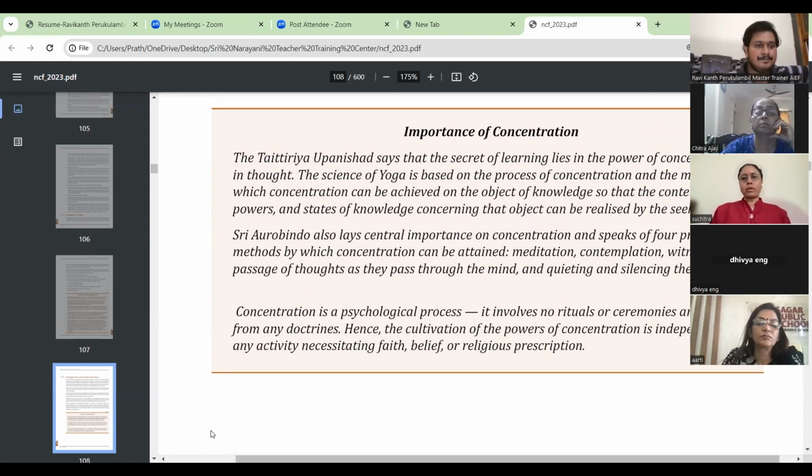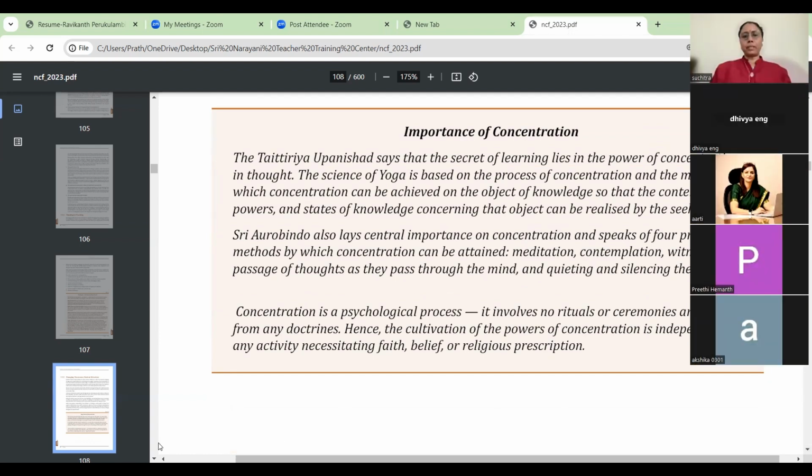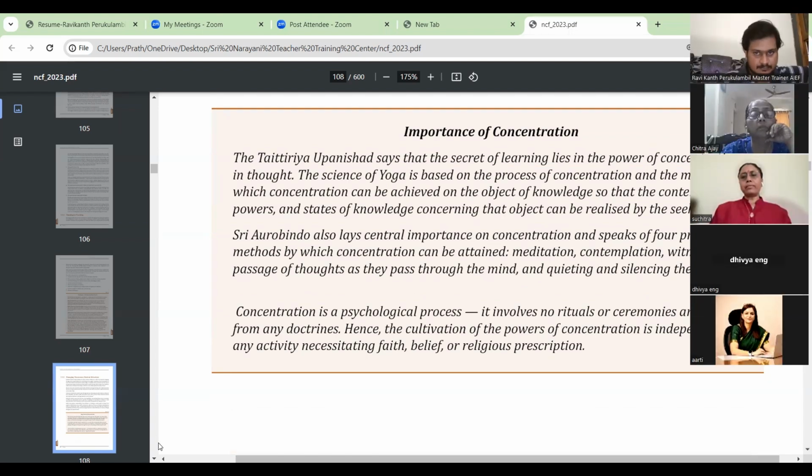Next, importance of concentration. Suchitra. Yes, importance of concentration. The Taittiriya Upanishad says that the secret of learning lies in the power of concentration in thought.